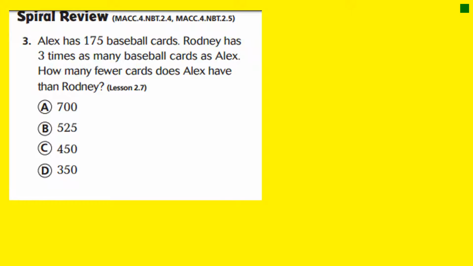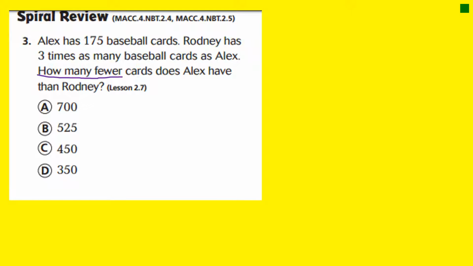Spiral review. Alex has 175 baseball cards. Rodney has 3 times as many baseball cards as Alex. How many fewer cards does Alex have than Rodney? Okay? How many fewer, how many more, how much less, how much taller, how much shorter, how much further?